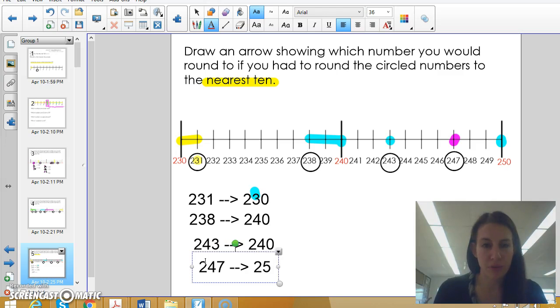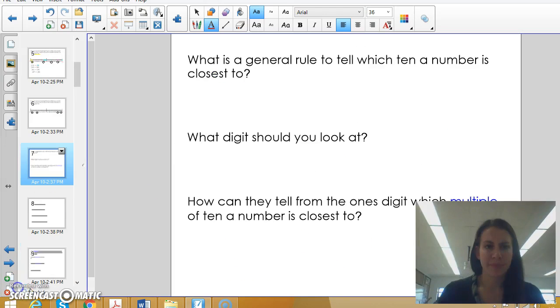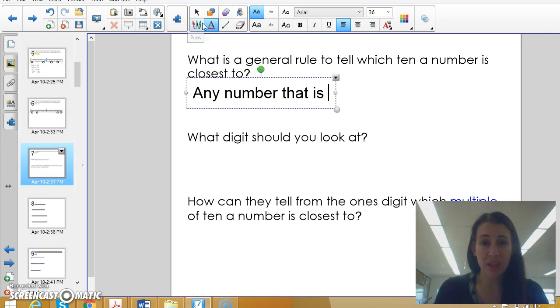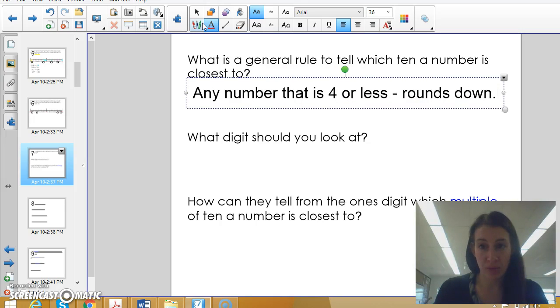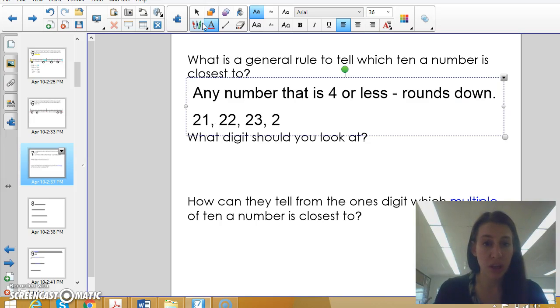It is closer to 250, and that's where we would round it to. So if we think about rules to rounding, you might have noticed that when we look at numbers, any number that is 4 or less rounds down. So for example, 21, 22, 23, 24 would all round to 20.